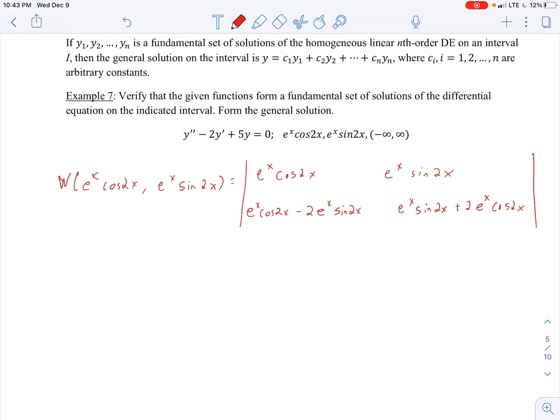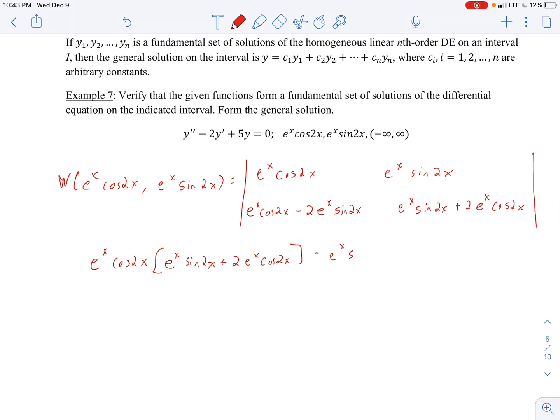So we're going to go ahead and do e to the x cosine 2x times e to the x sine 2x plus 2 e to the x cosine 2x, minus e to the x sine 2x times e to the x cosine 2x minus 2 e to the x sine 2x.